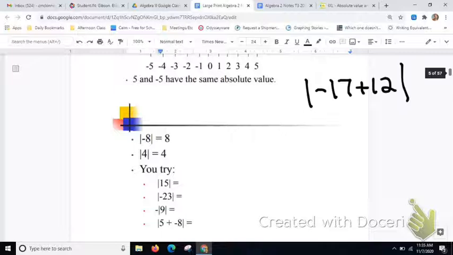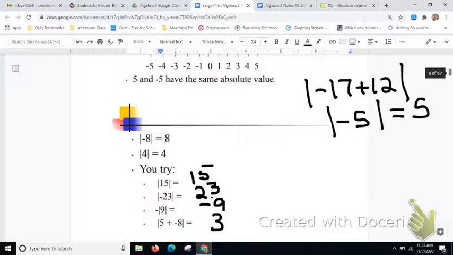I put negative 17 and 12 together, I get negative 5, and then the absolute value of negative 5 is 5. So treat them like parentheses, and then know that when you get rid of the bars, you make it a positive. So try the ones at the bottom, and then we'll see if we agree.